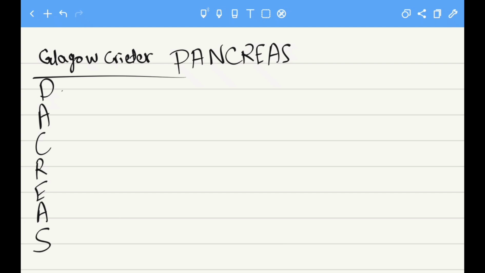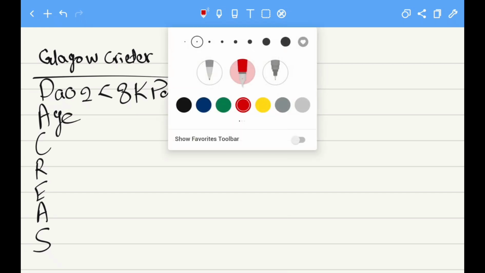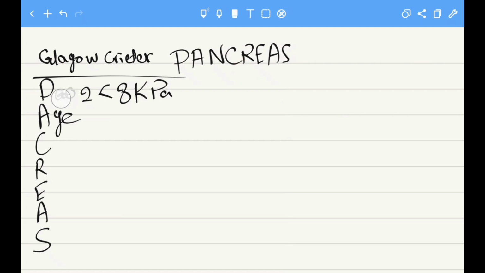P is for PaO2 less than 8 kilopascal. Age, let's write it with a different color. Age will be more than 55. N is neutrophils more than 15,000.